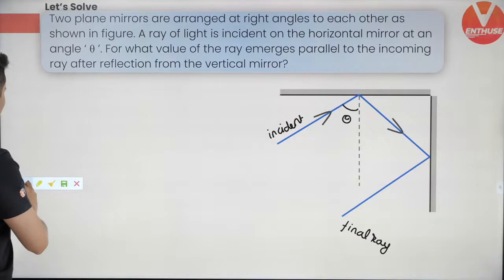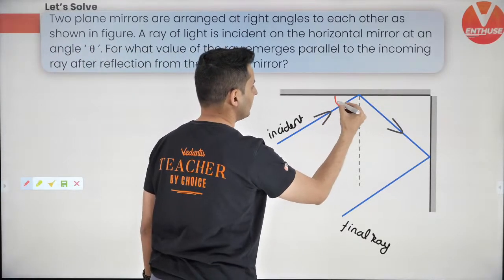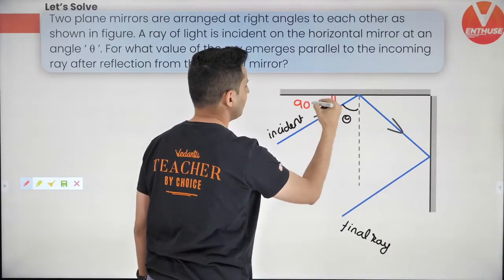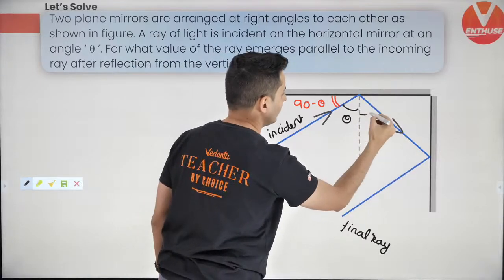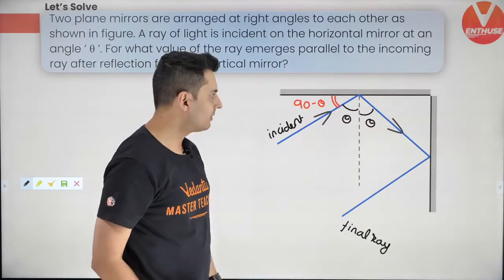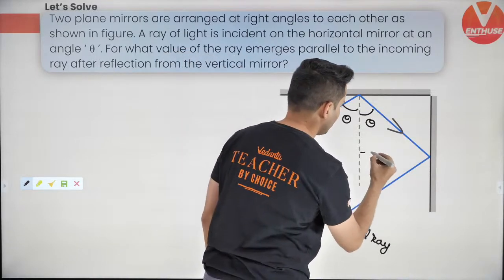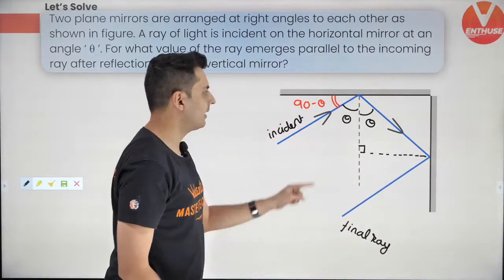So here is the method to solve this. If this is theta, this is obviously 90 minus theta, correct? And then if this is theta, obviously this is also theta. Why? Angle of incidence is equal to angle of reflection, correct? Then if I join this line like this, it becomes a right angle triangle.